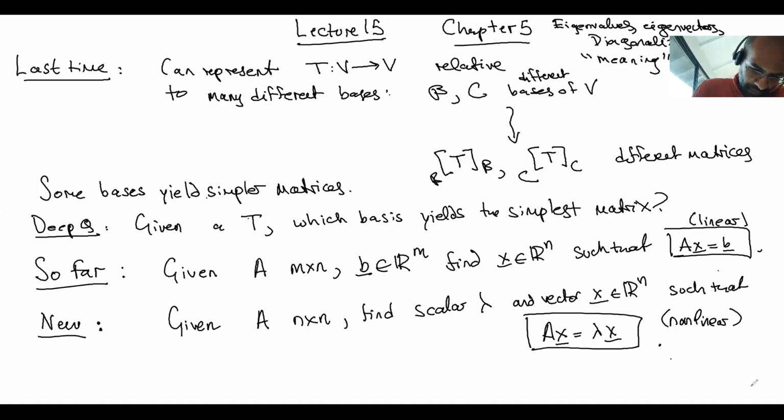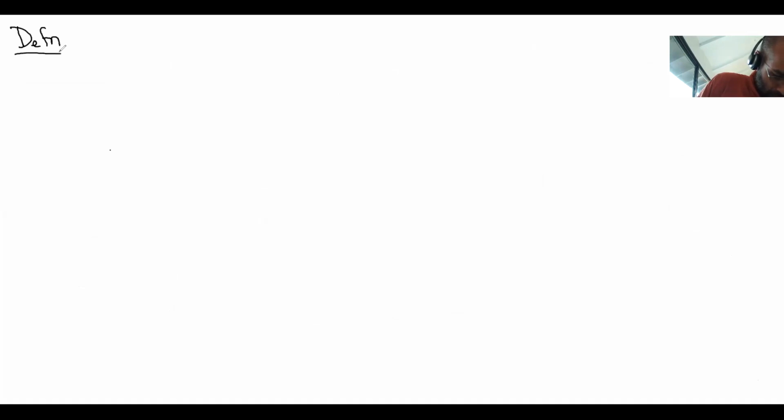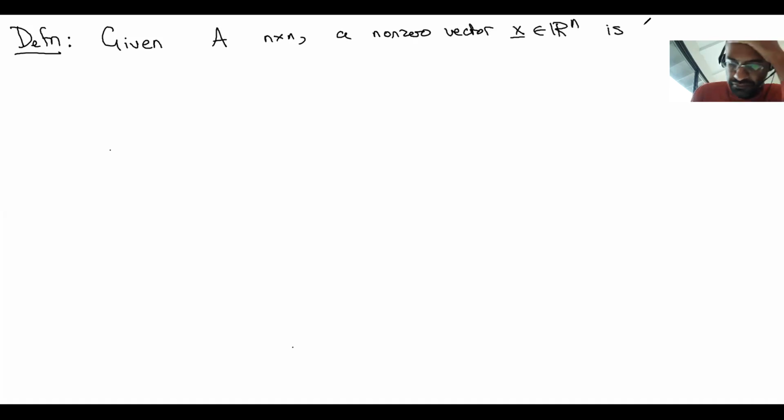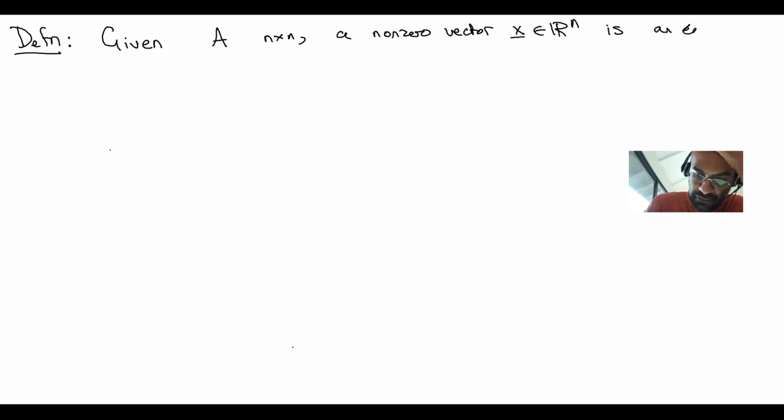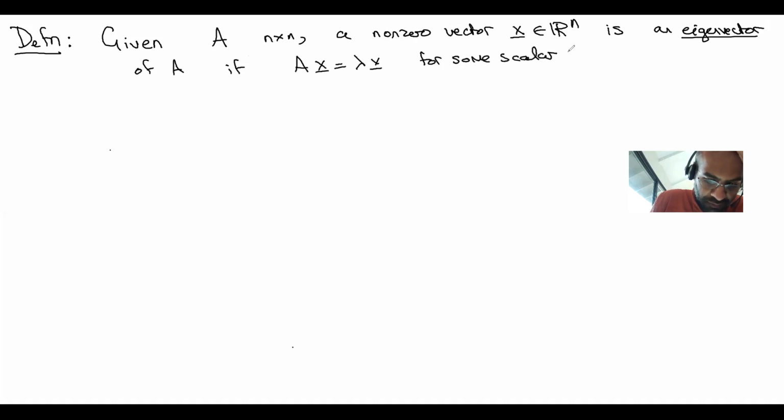So let's put a definition. Given a square matrix A, a non-zero vector x in R^n is an eigenvector of A if it satisfies this equation, Ax equals lambda x, for some scalar lambda.